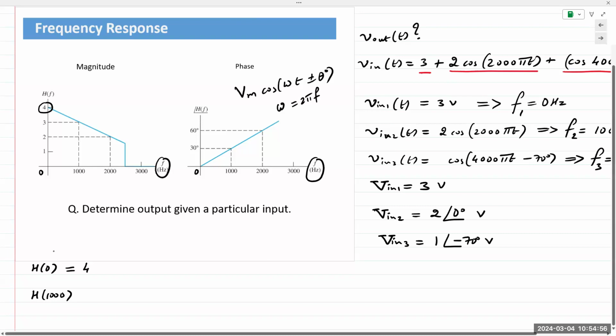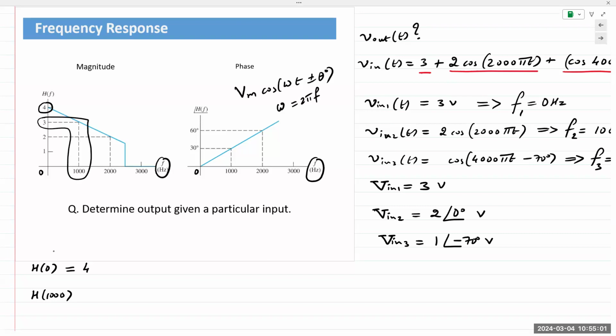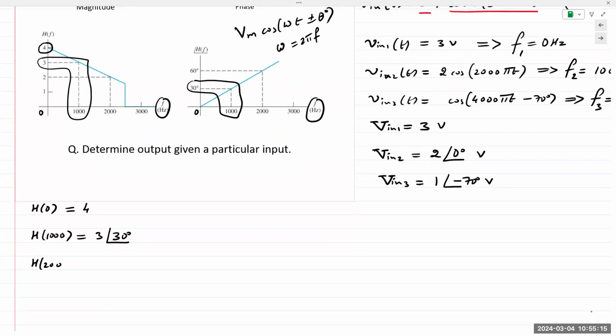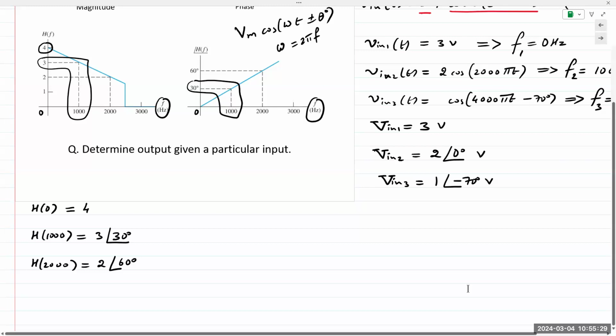H of 1000 has a magnitude of 3 and a phase of 30 degrees. And then H of 2000 has a magnitude of 2 with a phase angle of 60 degrees. Take a 10-second pause, write it down, think over it. Let me know if you have any questions.